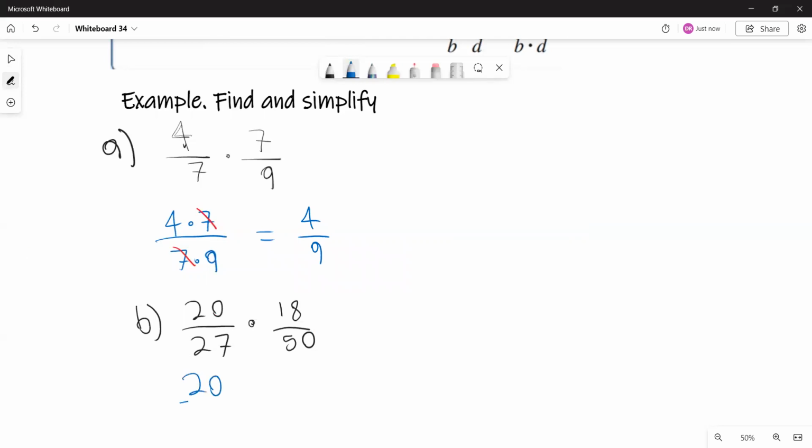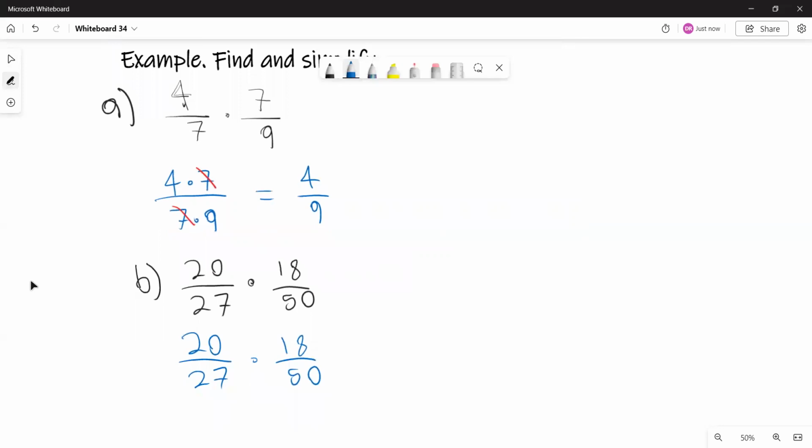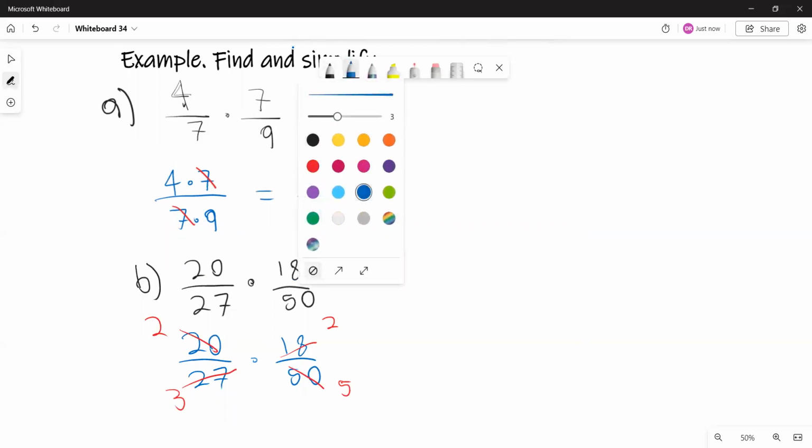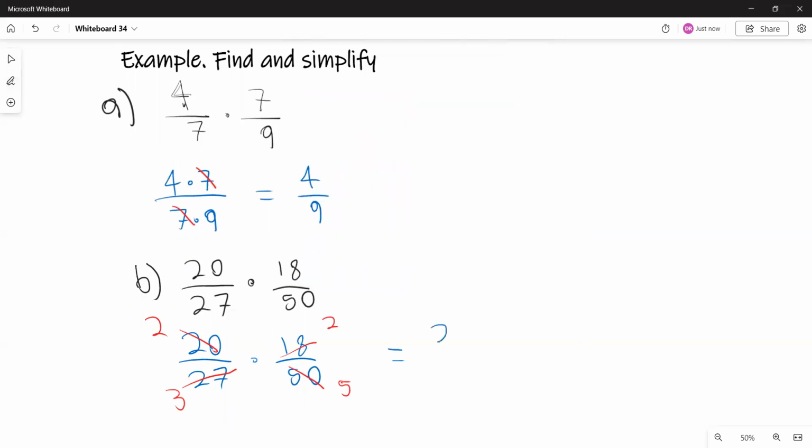That's 20/27 times 18/50, where 20 and 50 are both divisible by 10. So 20/10 is 2, 50/10 is 5. And 18 and 27 are both divisible by 9. 18/9 is 2, 27/9 is 3. We have next 2 times 2 over 3 times 5, or 4/15.